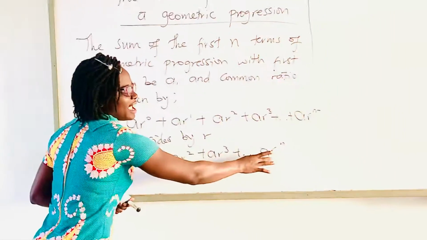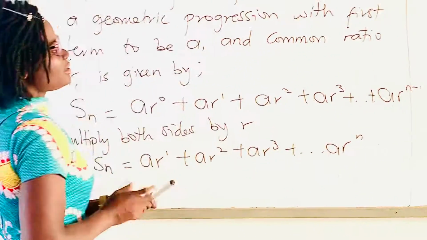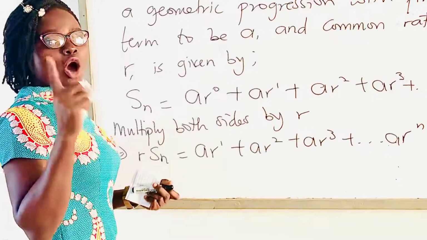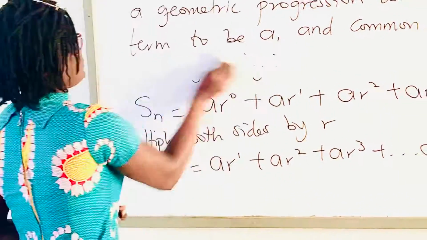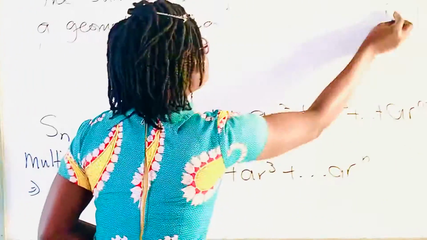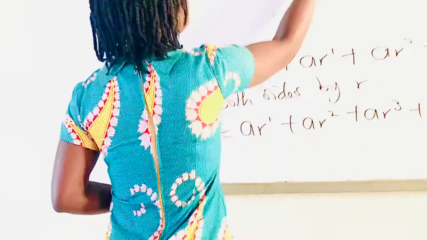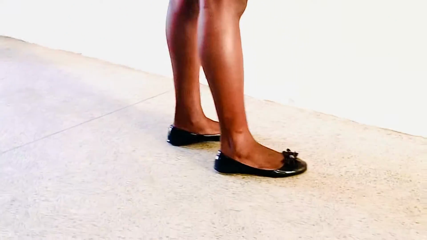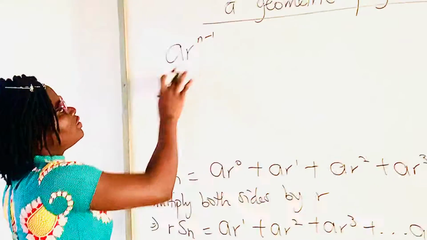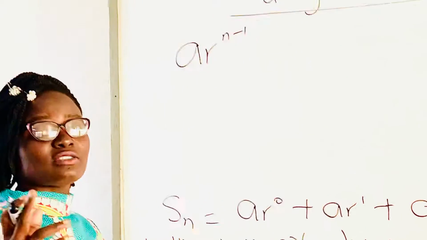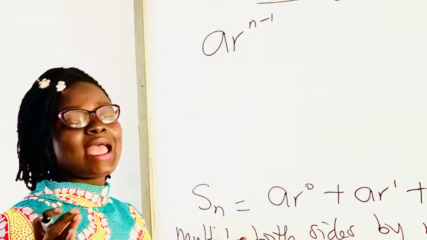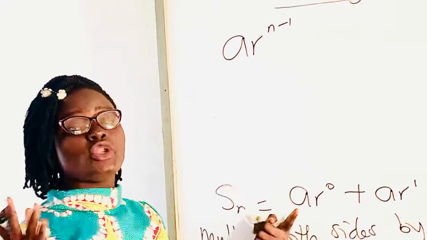How did you get the ar exponent n? We applied the law of indices, that is the quotient law. So let's prove it. The quotient law of indices is a division law. When numbers of the same base are divided, what do we do to the exponent?